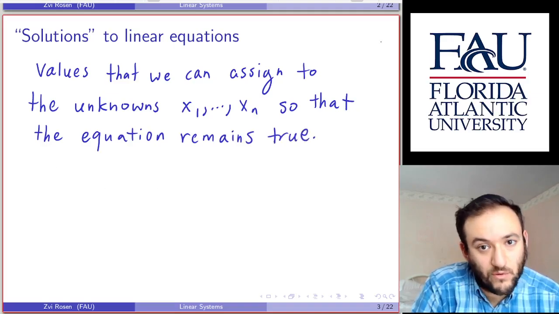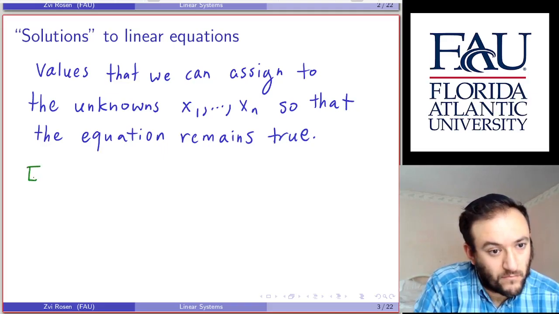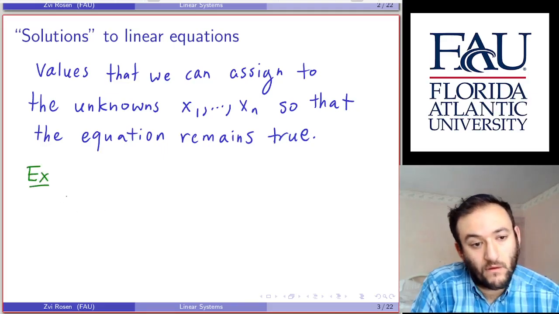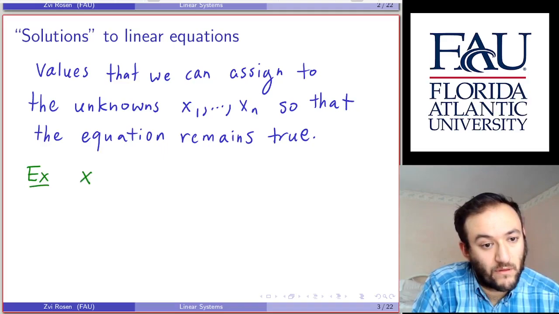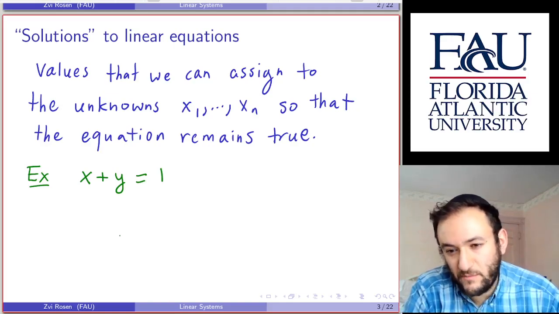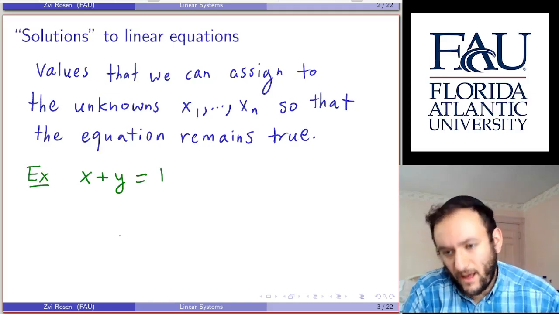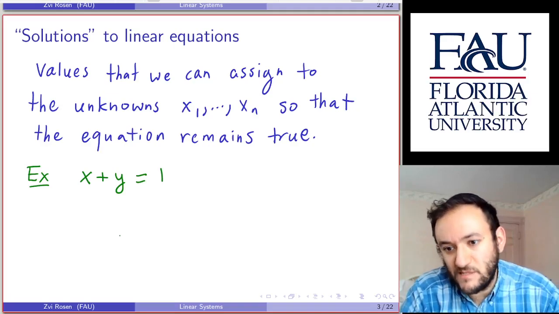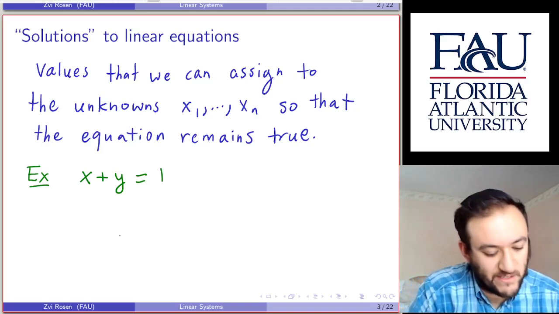Okay, and just to give a quick example of that, if we have x plus y equals 1, and obviously I'm not using x1 and x2 here, the same principles hold no matter what the names for our variables are.